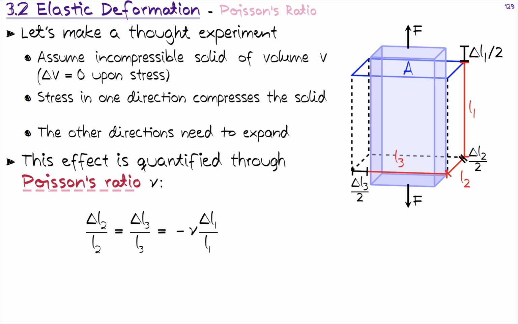So now we have the index 1. And of course, we can just rewrite by definition that delta L1 divided by L1, that's the strain 1, so the axial strain.